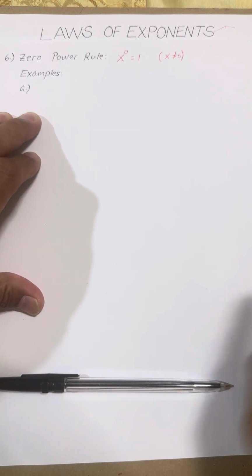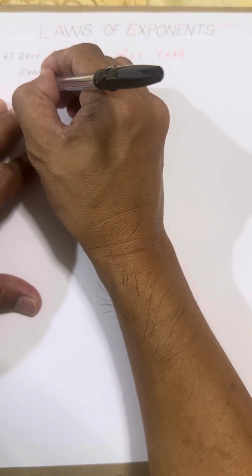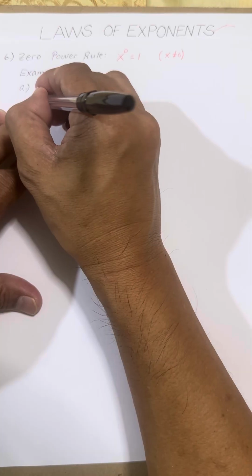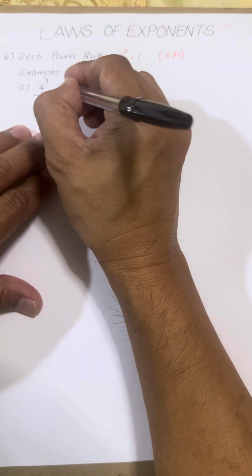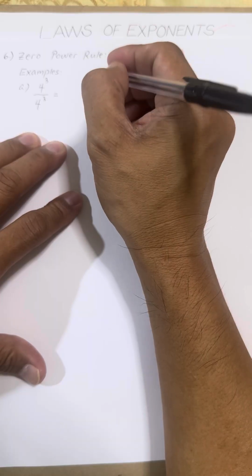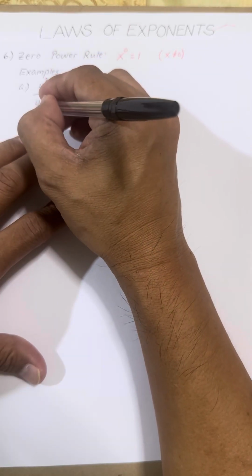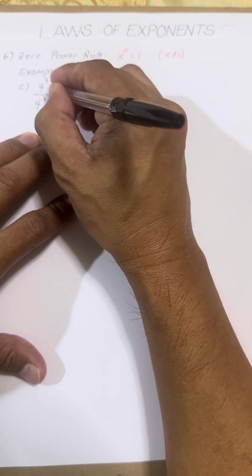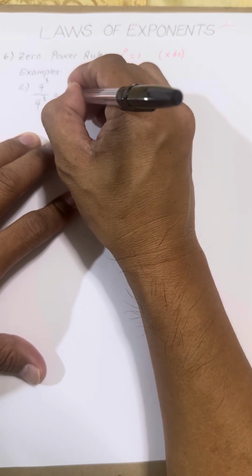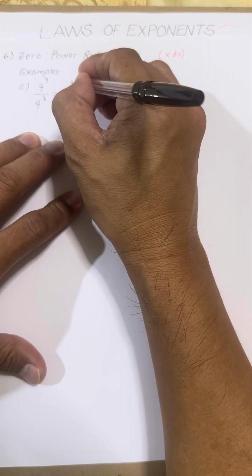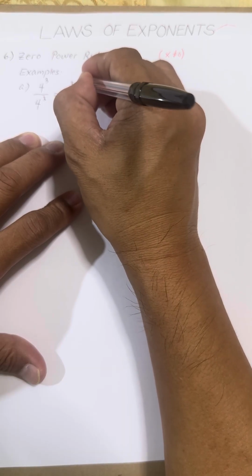For example, if you're given, say, 4 to the power 3 divided by 4 to the power 3. This is equal to, applying rule number 2, we have the same base, and this is division, this is a fraction, so you just copy the common base, which is 4, and then subtract the powers, or the exponents.